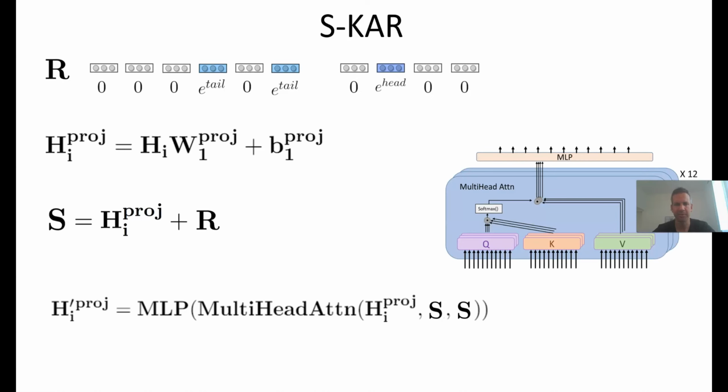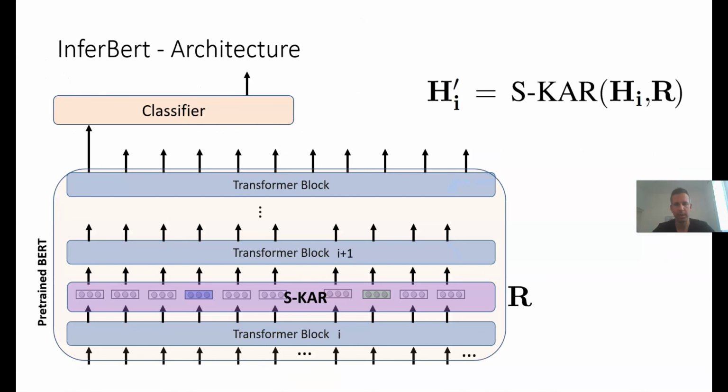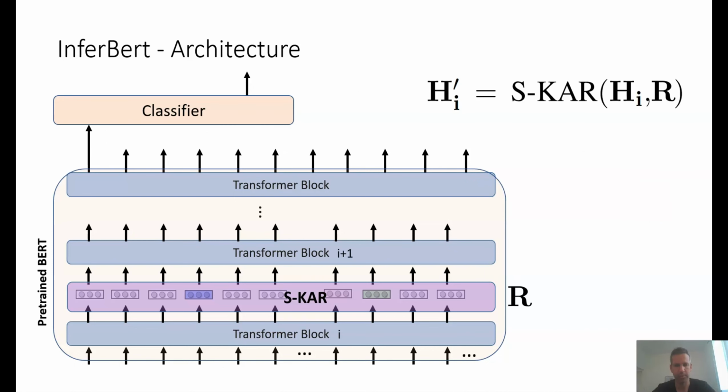We then use a standard transformer block, but instead of using the same projected hidden layer vector at the input to the query, key and value, we use the projected hidden layer only at the input to the query, and the enhanced token representations S as the key and value input, so the enhanced token representations attend the original representations. We then project the resulting embeddings back into the original BERT dimension, adding a residual connection, resulting in HI prime. After adding the SKAR layer, the rest of BERT is left unchanged.